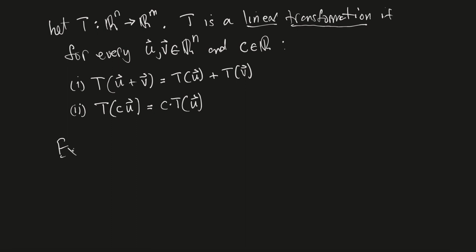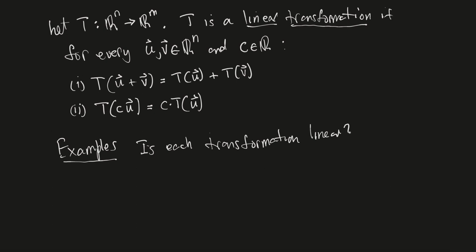All right, so our examples, we're going to determine which of the following transformations is linear or not, right? So we'll just ask this question. So is each transformation linear? And then of course justify.